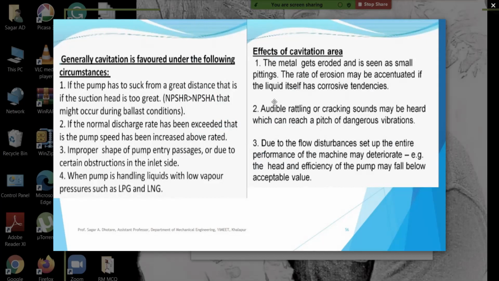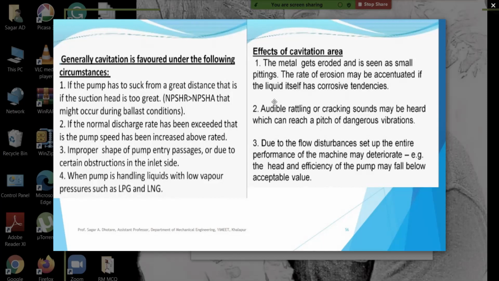Because of that, during travel, bubbles can be generated. If the normal discharge rate has been exceeded, that is, the pump speed has been increased above the rated speed.